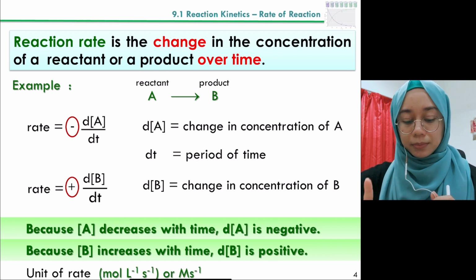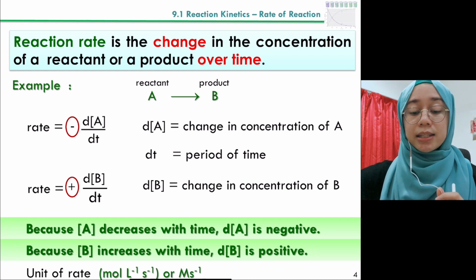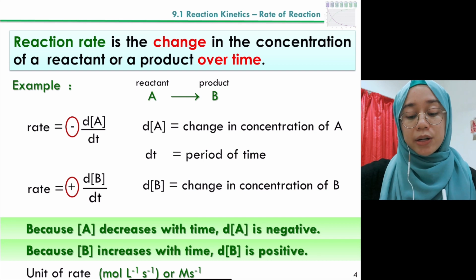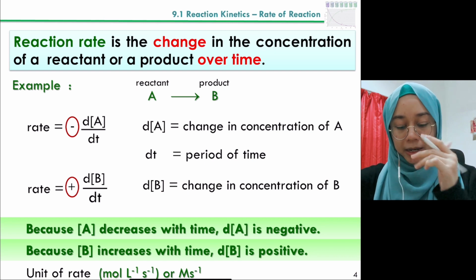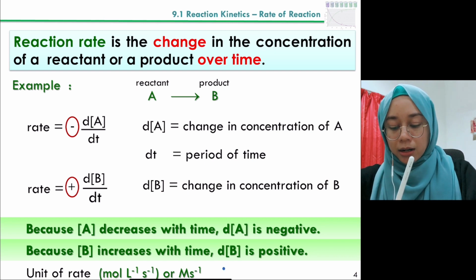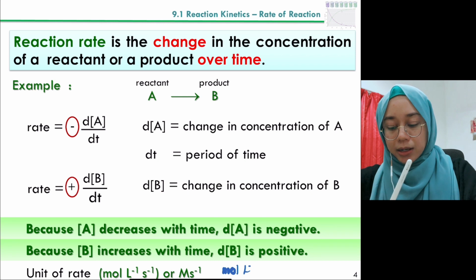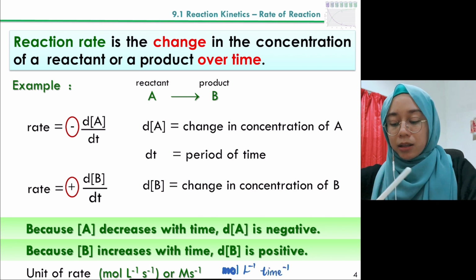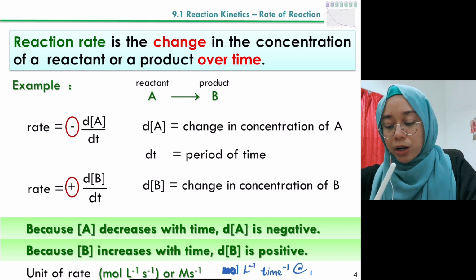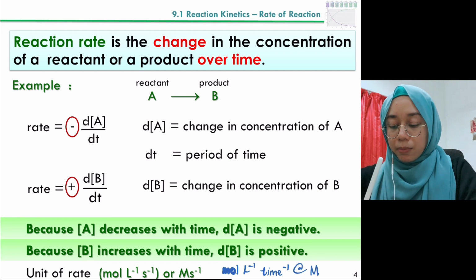Okay, so unit pula, since the concentration over time, so dia adalah mole per liter per second ataupun molar per second. Tapi sebenarnya lebih kepada unit rate ni adalah mole per liter over time lah. Okay, over time, ataupun kalau guna M besar kan, molarity over time.